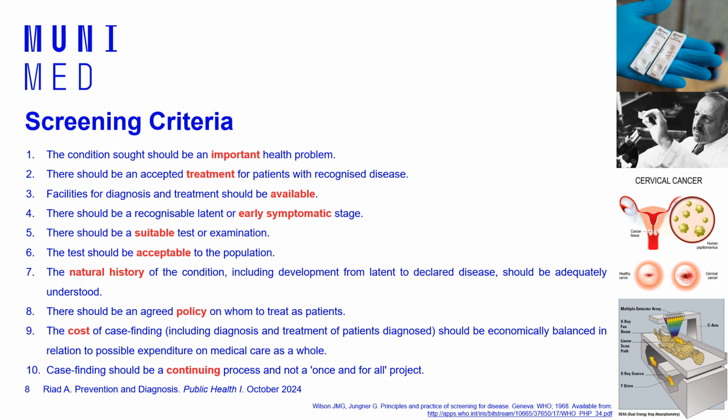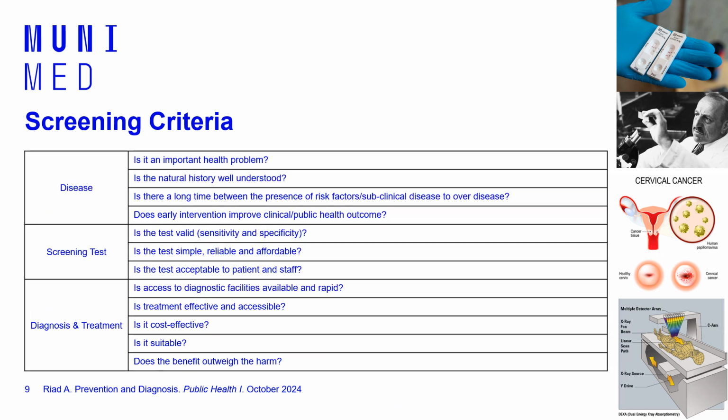Okay, so these are the 10 questions or the 10 principles that were laid out by Wilson and Jungner in order to justify screening programs. In this table you can see the questions reorganized according to the three domains of the screening process: the disease, the screening test, and the diagnosis and treatment. The first question about the disease: is the disease an important health problem?